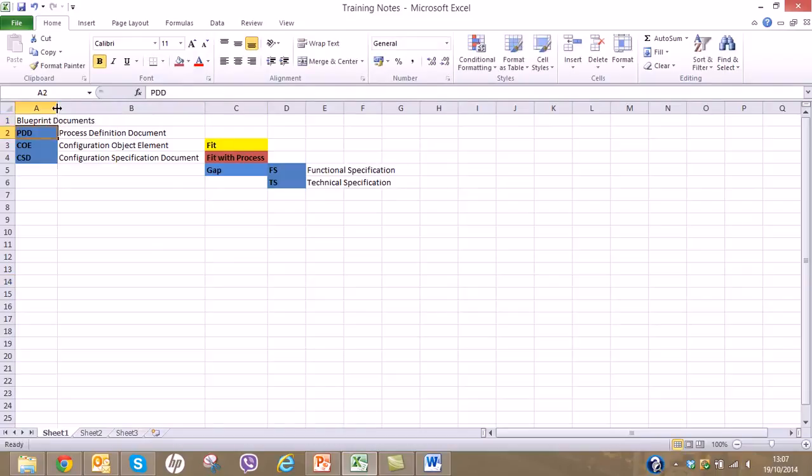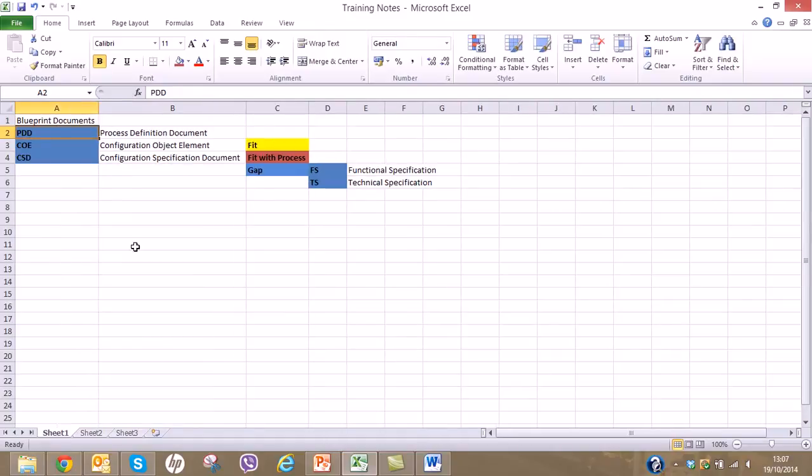And now, if you see this document, I will say to you that basically, when you write these documents, you can say 50% job of a consultant is to write these documents and 50% job is to do the configuration.